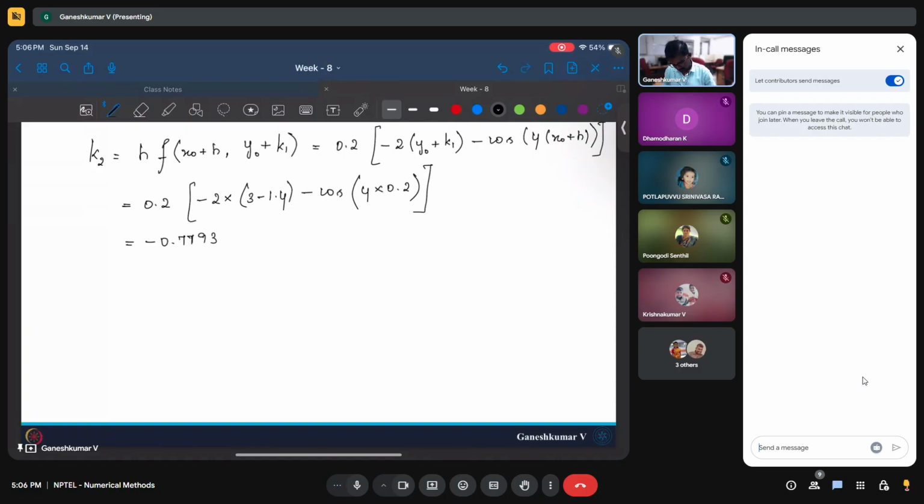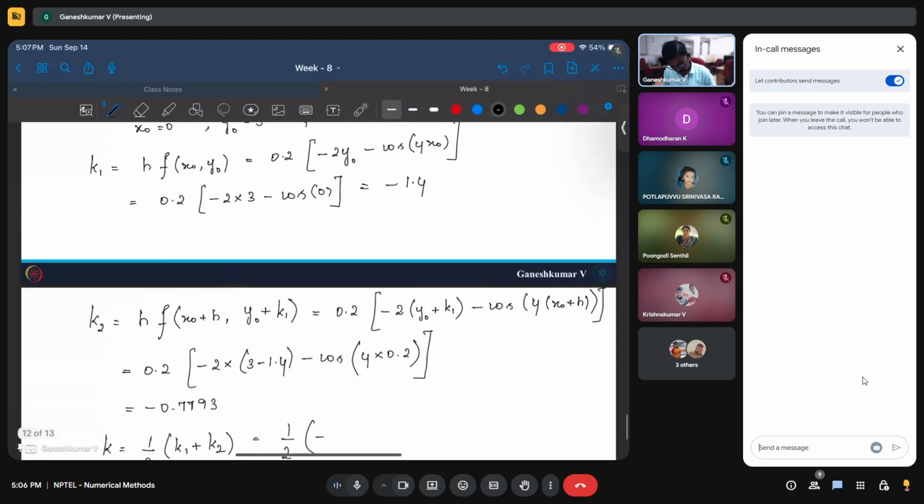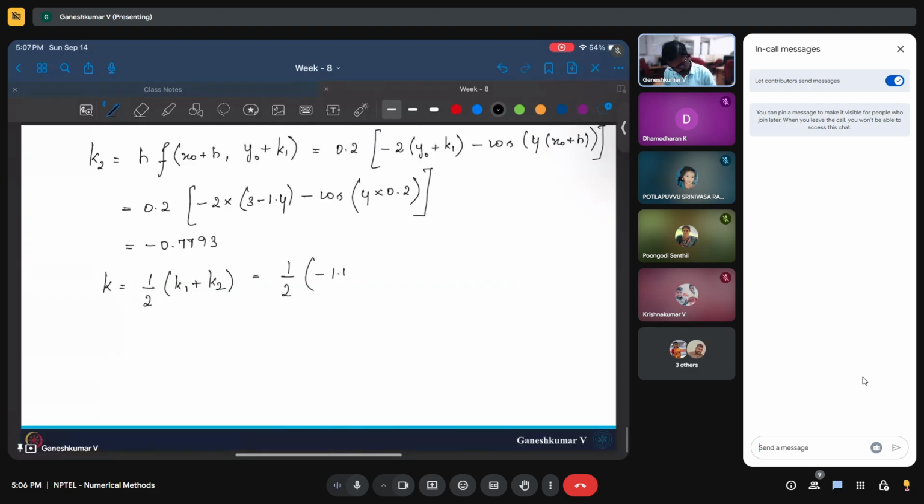Now your K is going to be half of K1 plus K2, which is half of minus 1.4 minus 0.7793, which is equal to minus 1.0897.